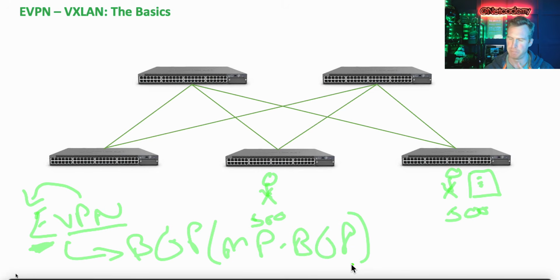BGP is a beast of a protocol at the end of the day. EVPN is huge. MP-BGP is even bigger, and that's because, for example, you could configure these devices up here as route reflectors, so any routes that come into the network are automatically reflected down from the route reflectors.